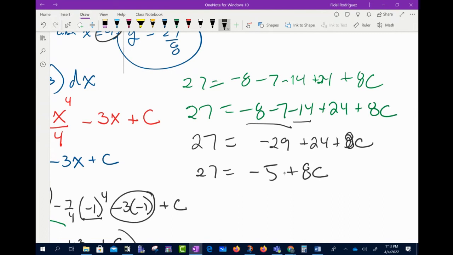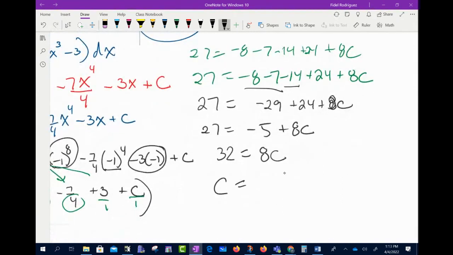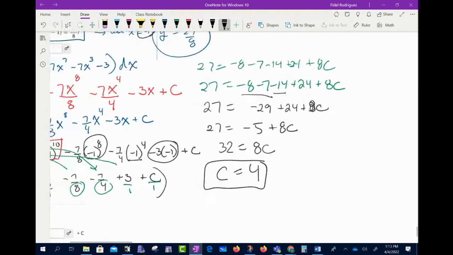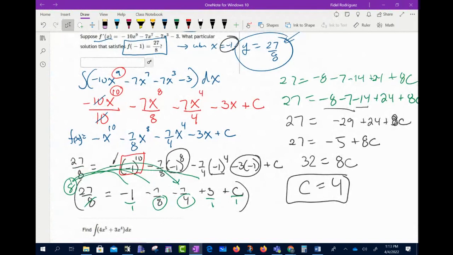So do y'all agree we got to add 5 to both sides? So 32 equals 8C. So then if we divided both sides by 8, what would we get, y'all? There you go. So now look, now I have C equals 4. So y'all, all I'm going to do now is where that C used to be, I'm going to plug in the number 4, and I'm going to write my answer right here.